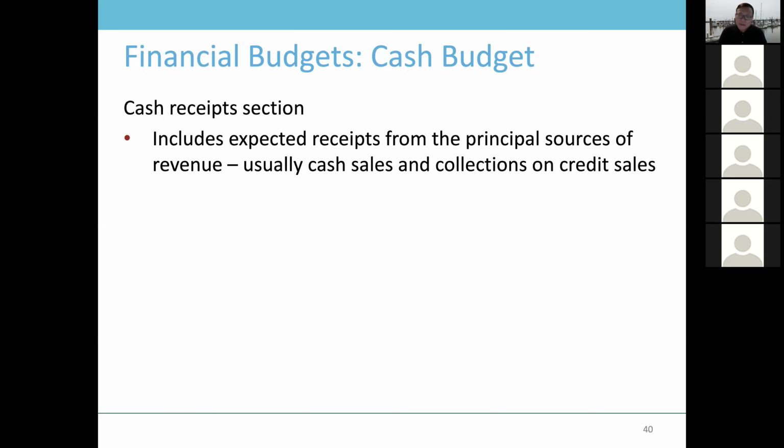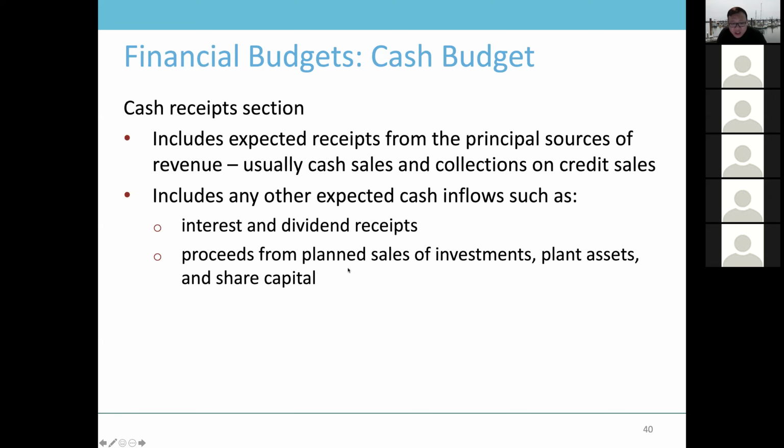You can also receive cash when you receive dividends or interest. This is from your investment. If the company purchased stocks, they may receive dividends or interest. Those are passive income, and that's also cash inflow.